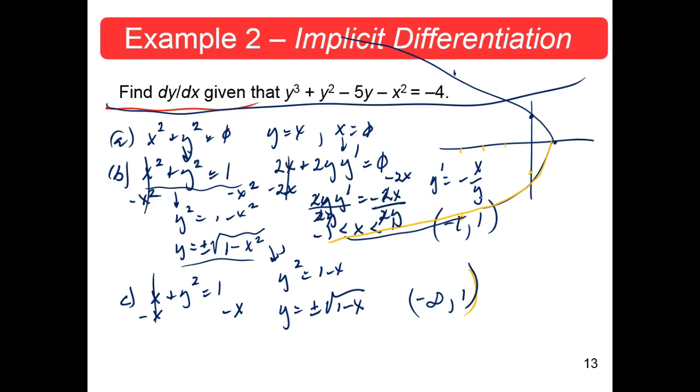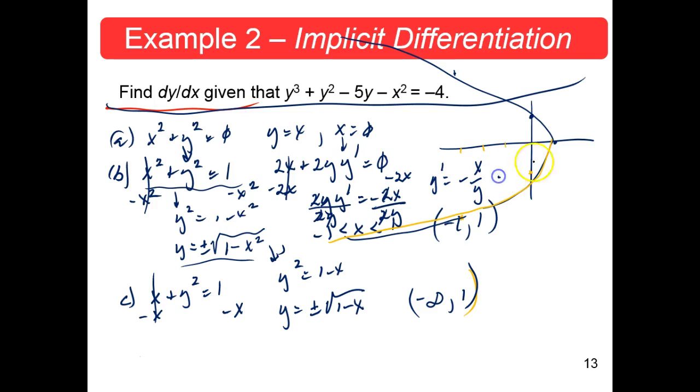Okay. Now, what was y? Now we go back to this. Y is either plus or minus the square root of 1 minus x squared.